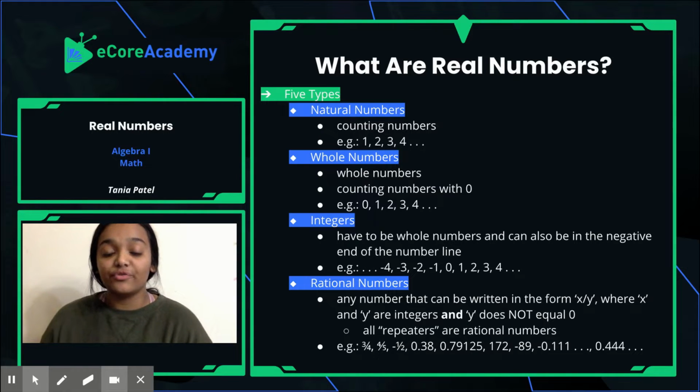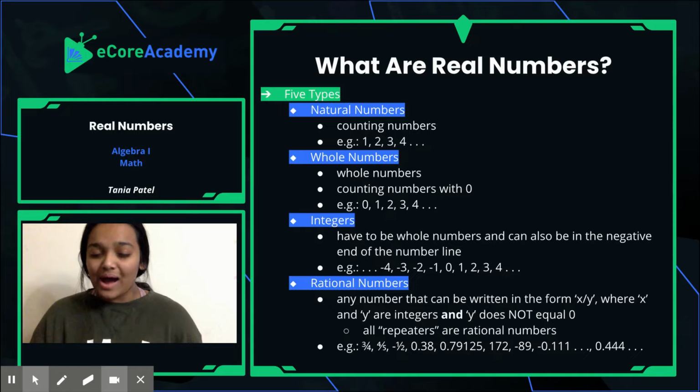Lastly, for this slide, there's rational numbers. Rational numbers include natural numbers, whole numbers, integers, and any number that can be written in the form x over y, where x and y are integers and y does not equal 0.